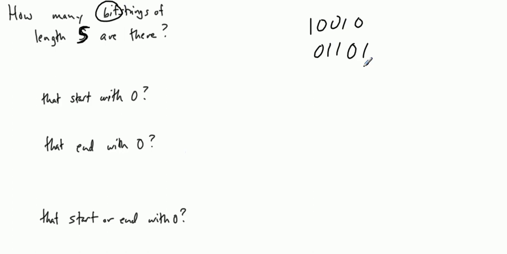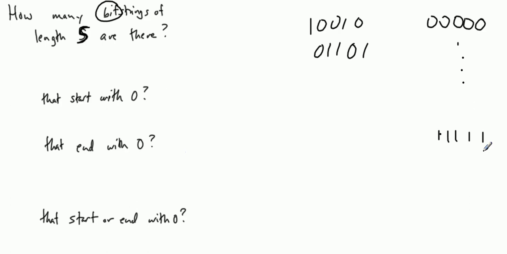01101. If we were going to be systematic about it, we would be counting from 00000 all the way up to 11111. And the question would be, how many of them are there? Well, we have 5 digits, 5 bits. Each one has 2 choices.